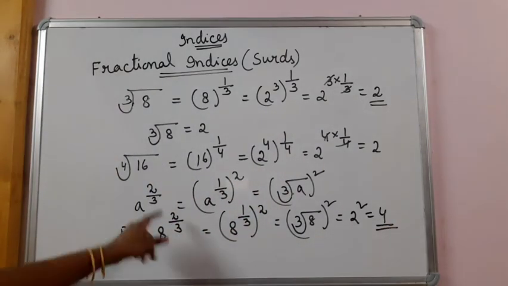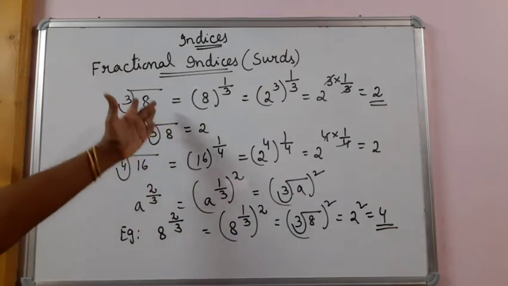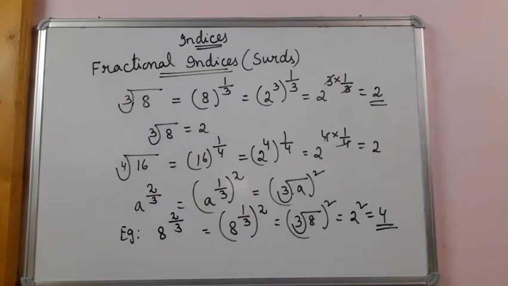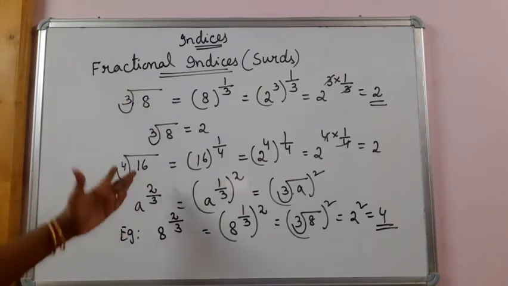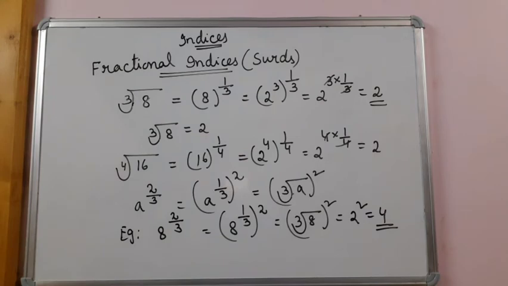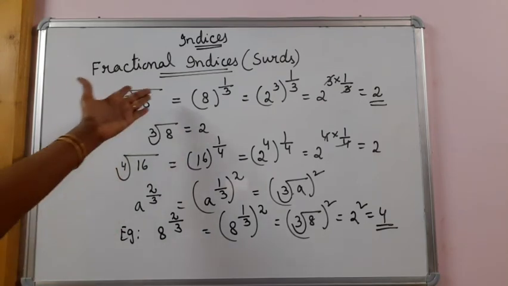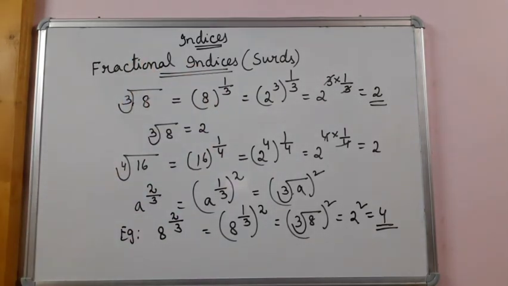So you see here the powers or the indices are fractions, and indices that are fractions are known as surds. I think this is clear to you.